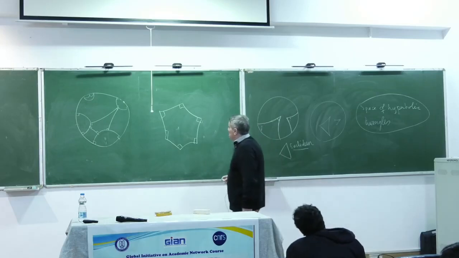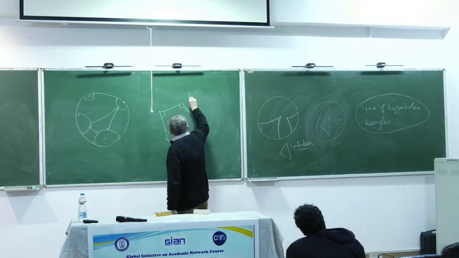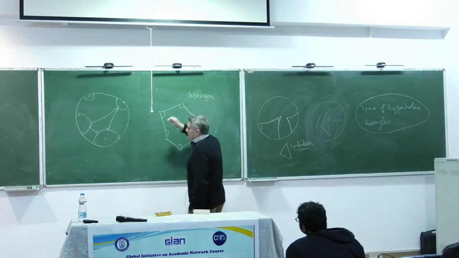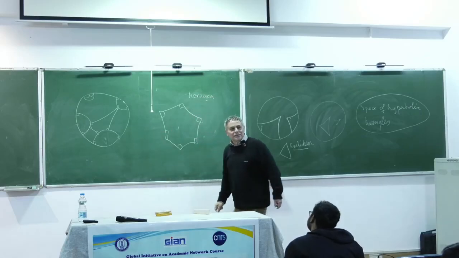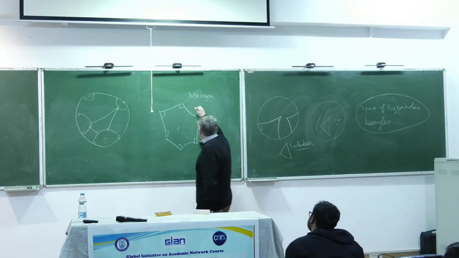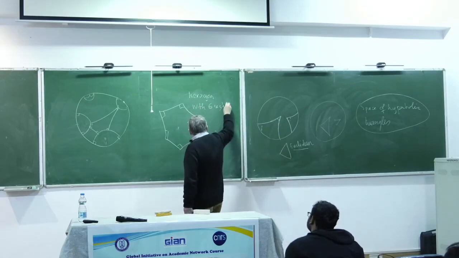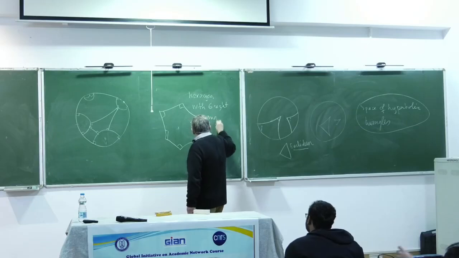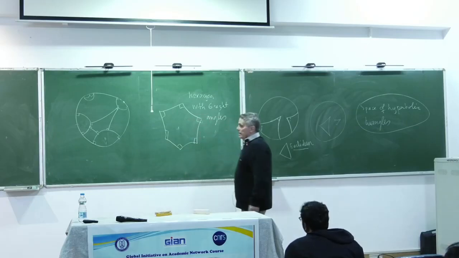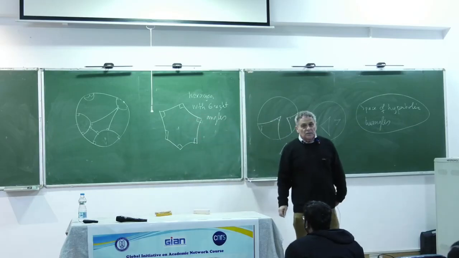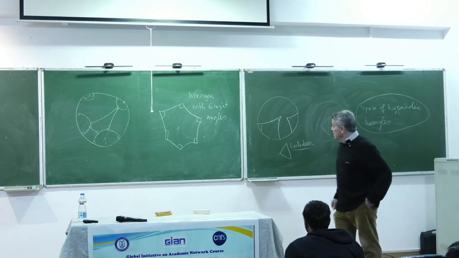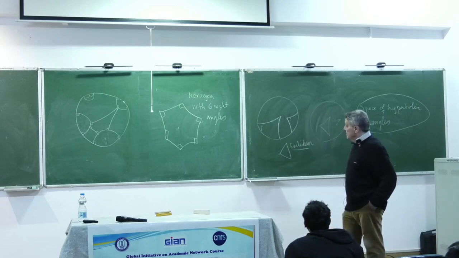I said quadrilateral, right? It's not a quadrilateral, it's a hexagon with 6 right angles. And there's a lot to say, in fact, about these hexagons with 6 right angles.